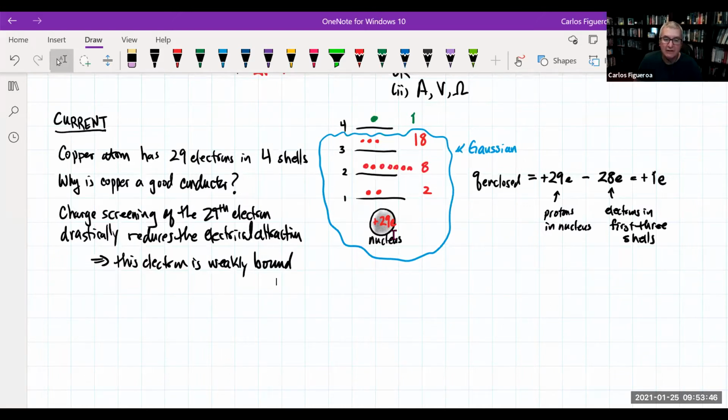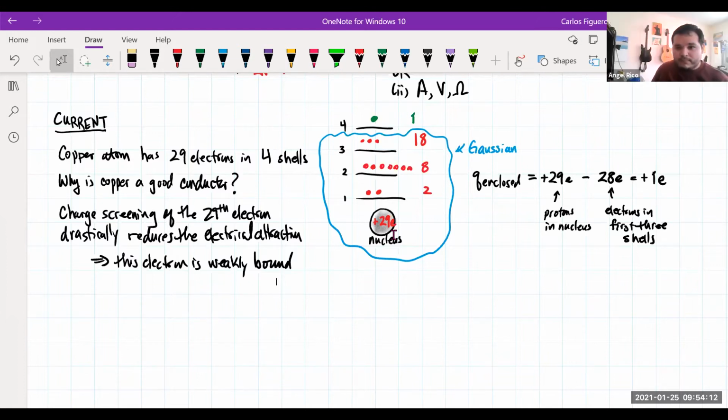So these three shells charge screen that 29th electron. So the effective charge that it sees is very small. It's only 1 electric charge. So as a consequence, it reduces how much electrical attraction there is between the nucleus and that 29th electron. Oh, okay. So that's why this is a weakly bound electron.